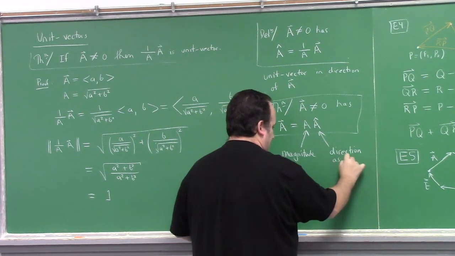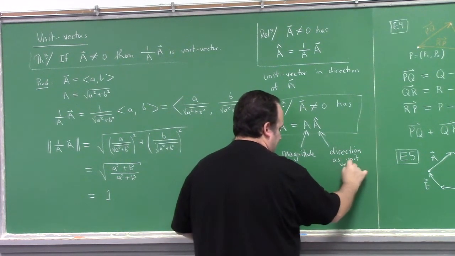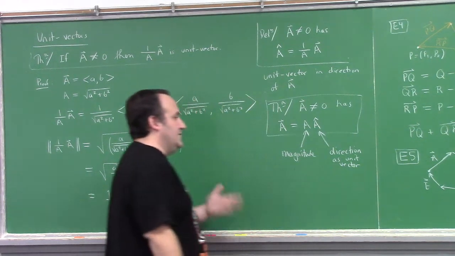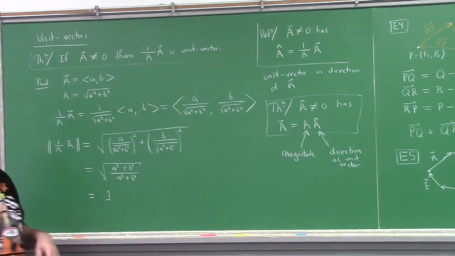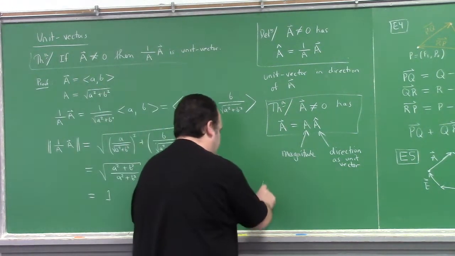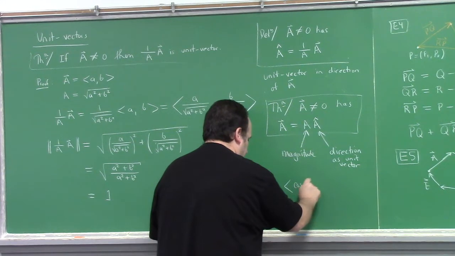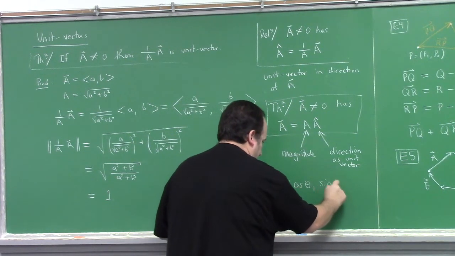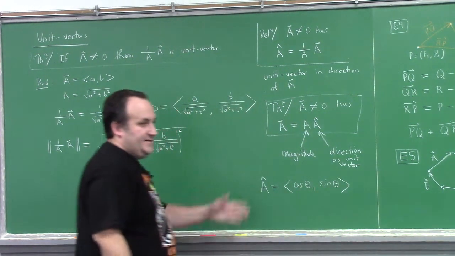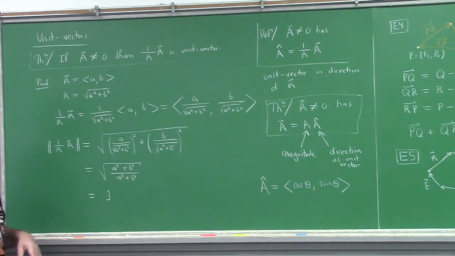What is the connection between the unit vector and the standard angle? Well, if you put everything we've done together today, you can see that A hat should literally be (cosine theta, sine theta), right? It has to be that, because we before had the vector written that way.